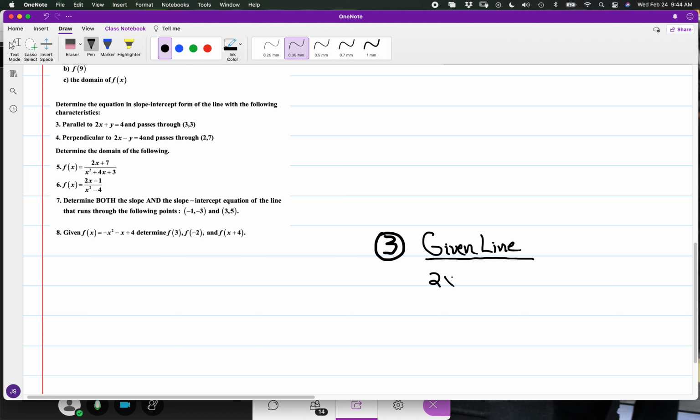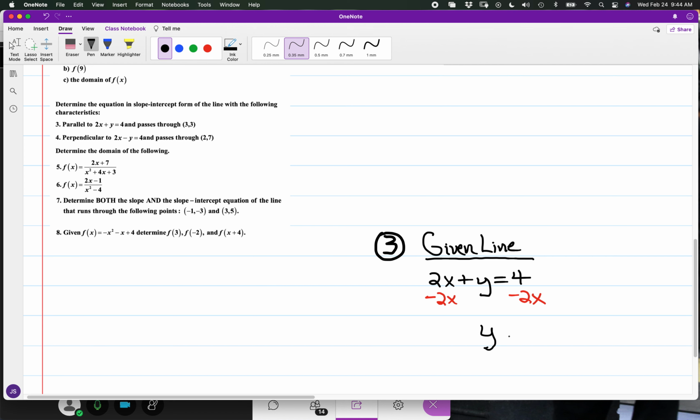So for the given line, we have 2x plus y is equal to 4. To determine the slope, I'm going to rewrite this equation with y isolated.